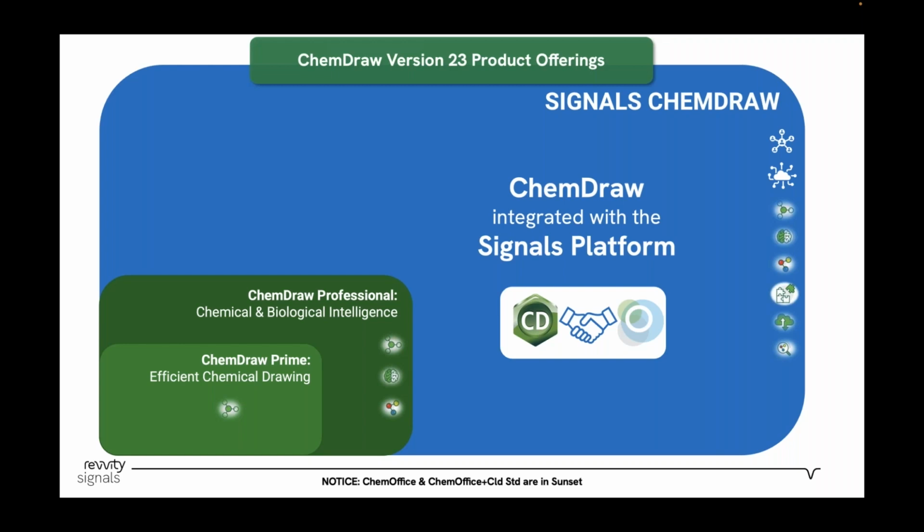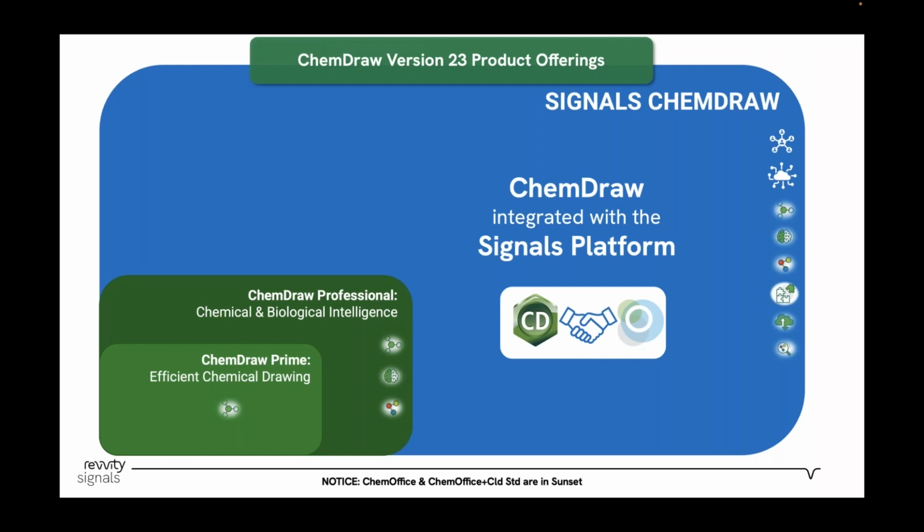This allows that efficient drawing experience with the inclusion of high impact features to allow you to include things like color and 3D. It also includes some chemical and biological intelligence with things like HELM and MAR predictions, name to structure, and other integrations to databases like SciFinder and Reaxys.